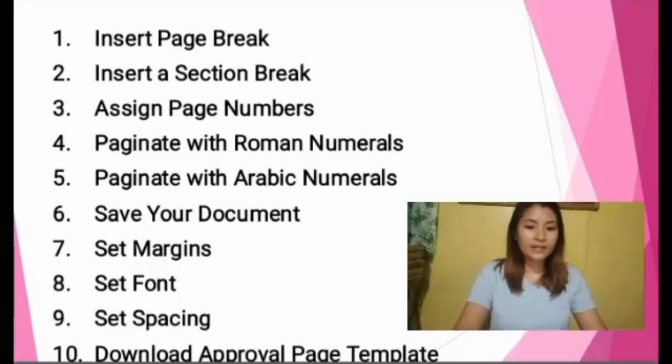Third step, assign the page number. First is, use the scroll bar or Control Page Up to navigate to the page in your document. Second is, make sure the cursor is on the page where you want to assign the page number. Third, click the Insert tab in the ribbon at the top of the page. Fourth, from the Insert tab, click Page Number.